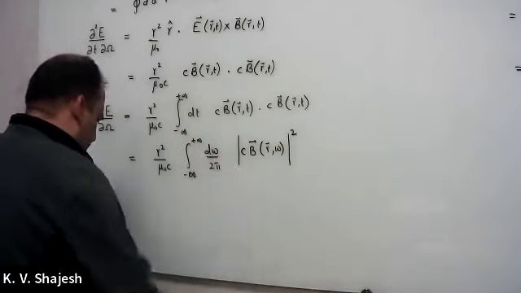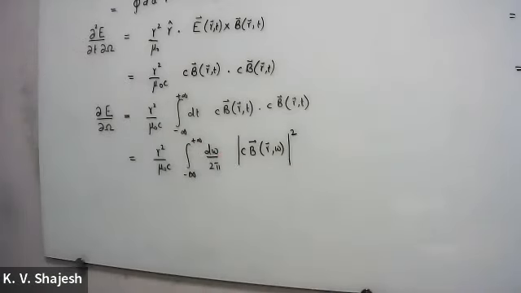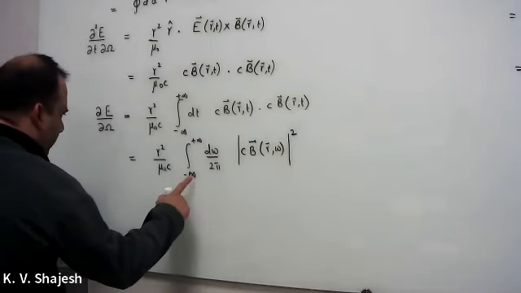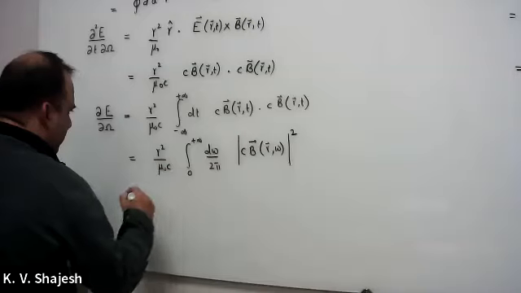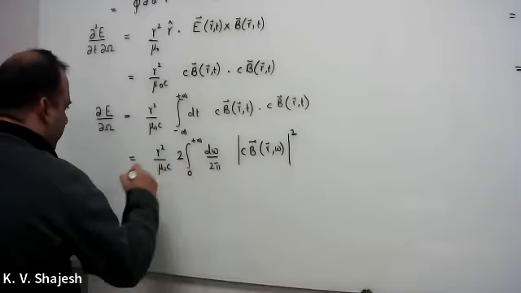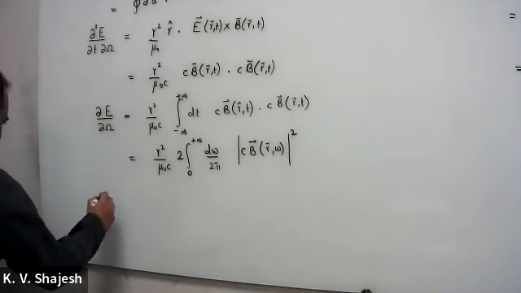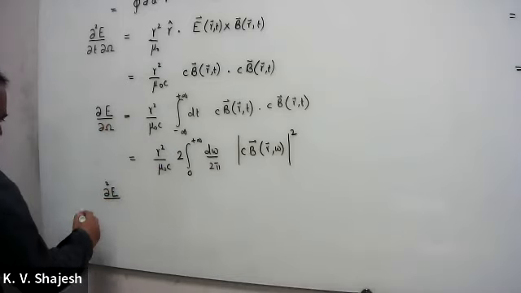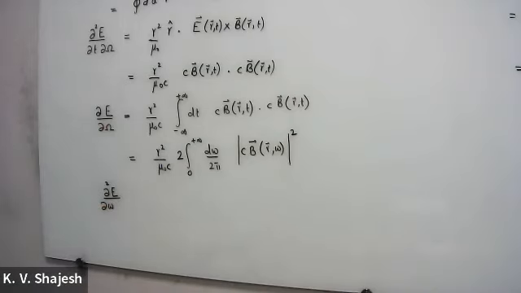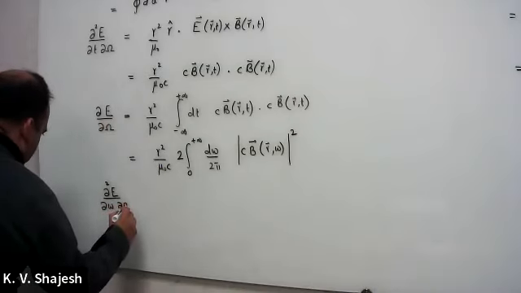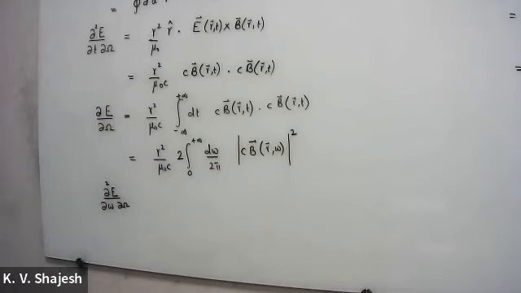In frequency, usually things are even functions of frequency. So write this as 0 to infinity and make that 2 times that, and talk about per frequency. We want to talk about how much energy is pushed into a solid angle per unit frequency. That's the spectral distribution.